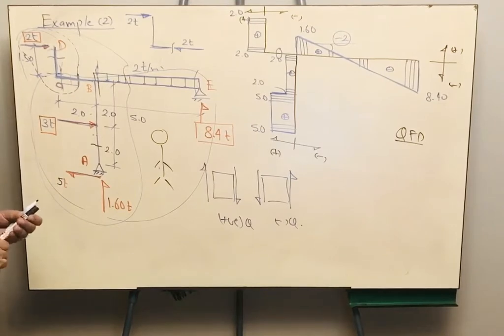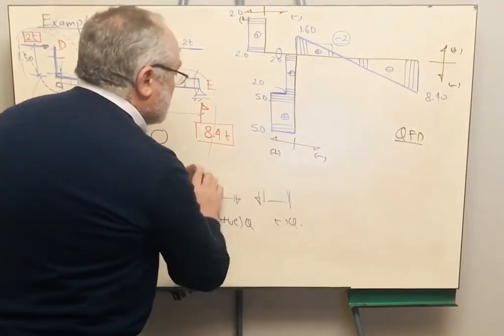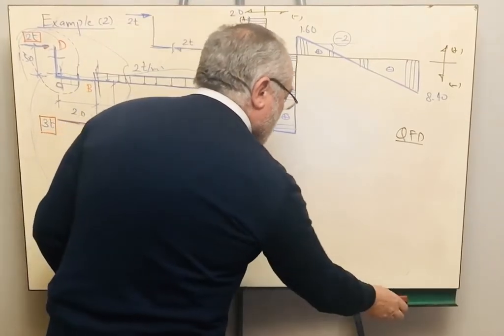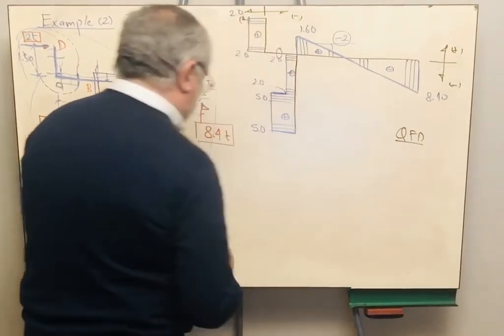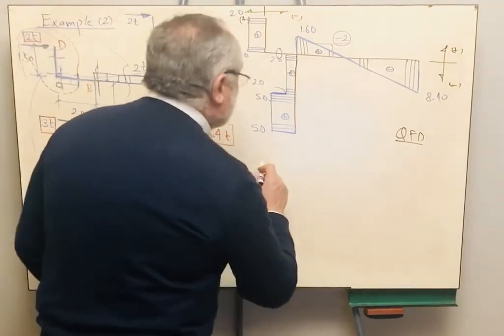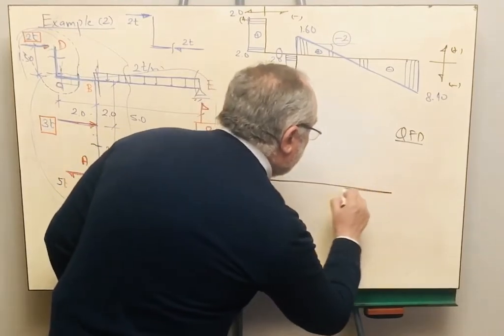Okay? Let us go to the big guy, the bending moment. The most important diagram that we have. We are depending on it on many things. So we are having here the bending moment diagram.